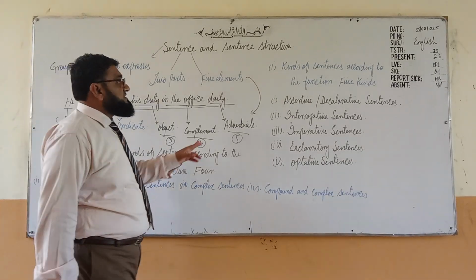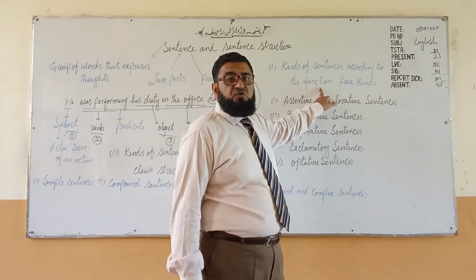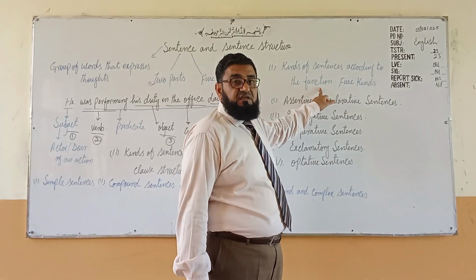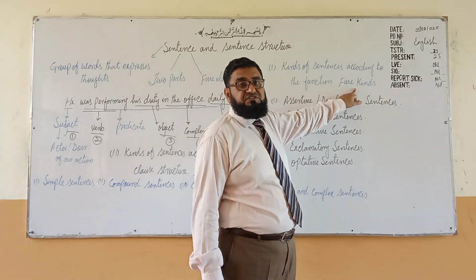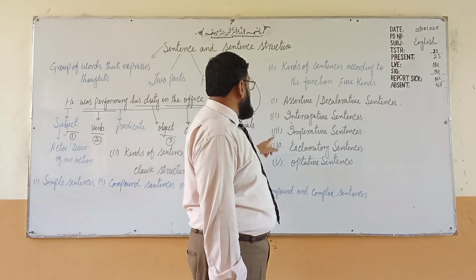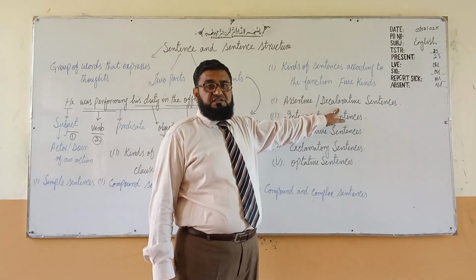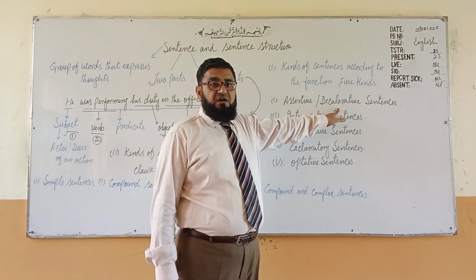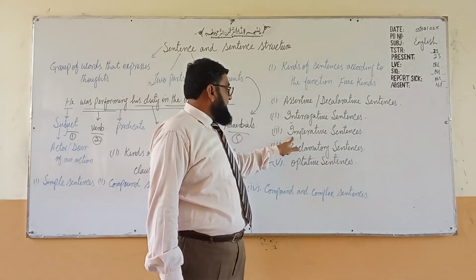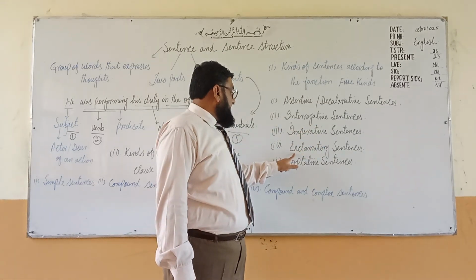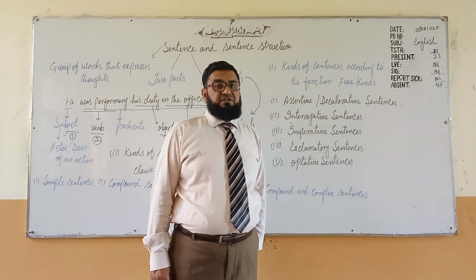Now I am going towards the kinds of sentences according to function. Morphologically, or we can say according to function, we have five kinds of sentences: assertive or declarative sentences, interrogative sentences, imperative sentences, exclamatory sentences, and optative sentences.